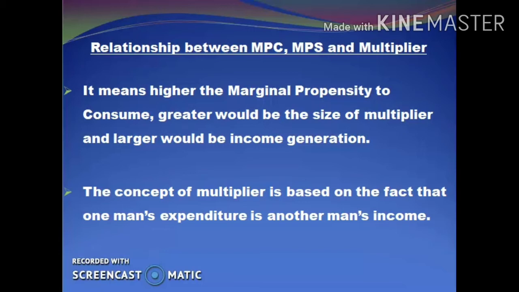So the higher the marginal propensity to consume, the greater the multiplier and income generation. The next point is that the concept of multiplier is based on the fact that one man's expenditure is another man's income. You know that.